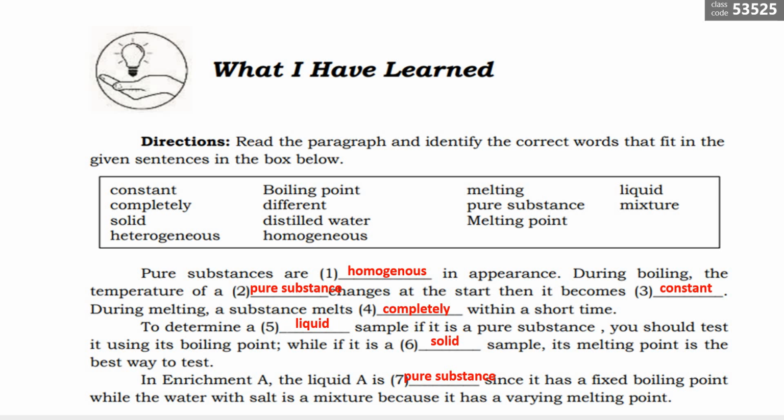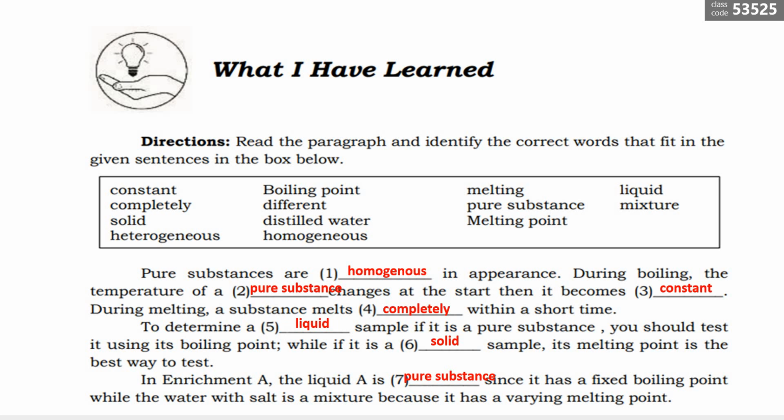So let me review the answer by reading it from the start. Pure substances are homogeneous in appearance. During boiling, the temperature of a pure substance changes at the start, then it becomes constant. During melting, a substance melts completely within a short time.